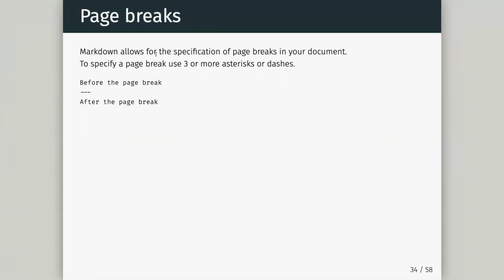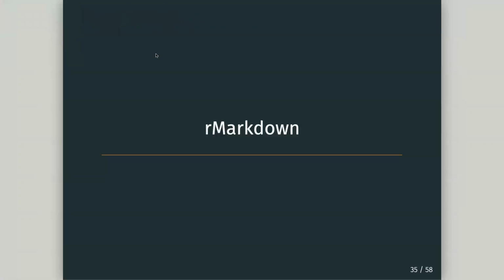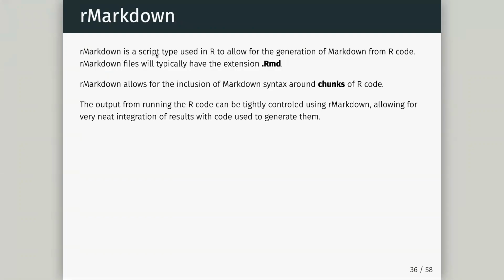So this is Markdown. You could use Markdown to create standard Word-like documents. It's just a way of effectively writing text and formatting your text, making it look a certain way. So R Markdown is everything which we get from Markdown plus the R engine inside it. It acts as a script type used in R to allow the generation of Markdown and R code.